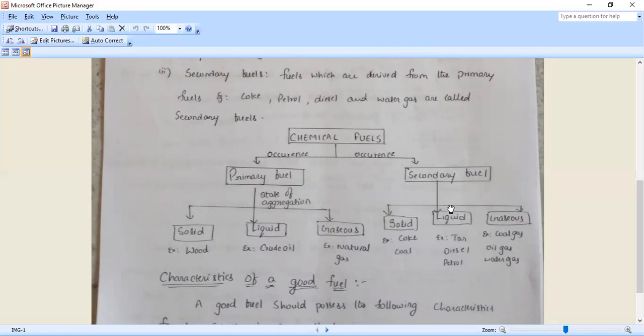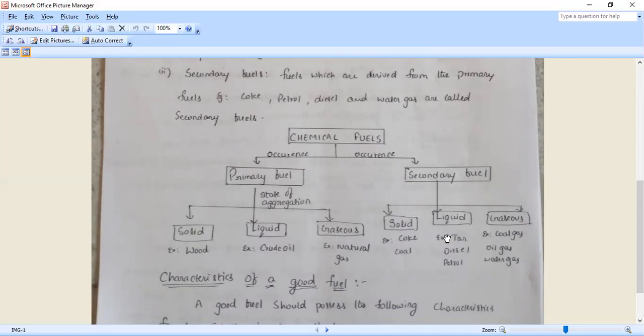So these three secondary fuels are derived from the primary fuels. These secondary fuels are also known as artificial fuels. So that means this artificial solid fuel is derived from the natural solid fuel. Similarly, the secondary liquid fuels are derived from the primary liquid fuels.